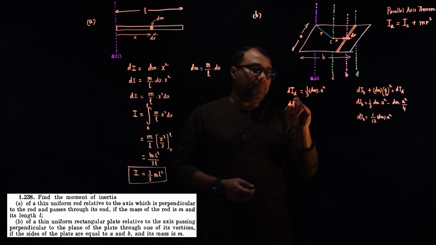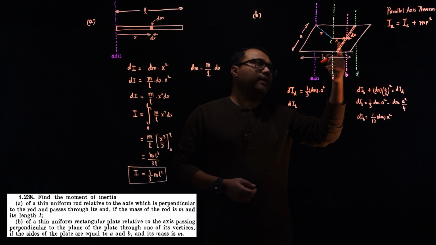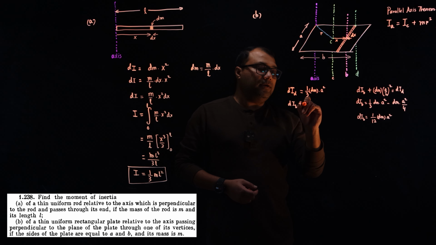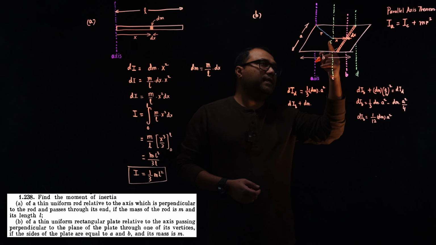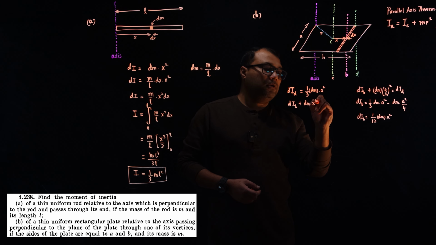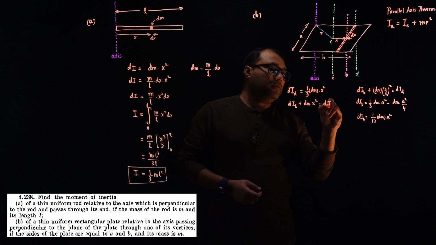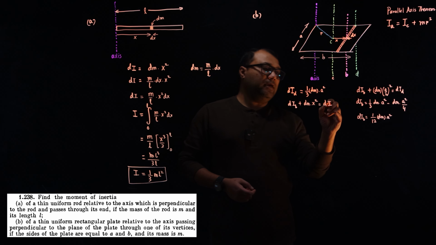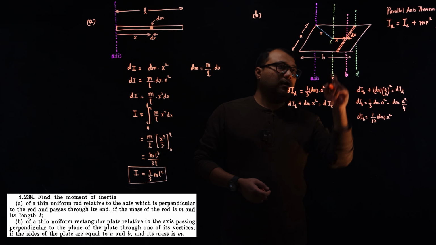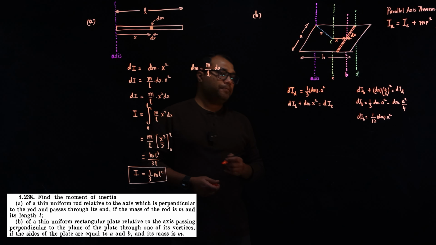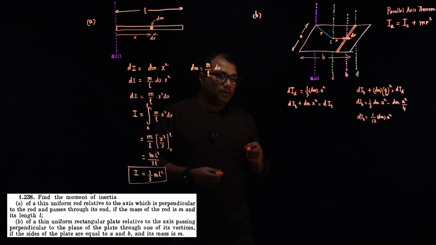If I add dm times x square, we will get the moment of inertia about this axis C.